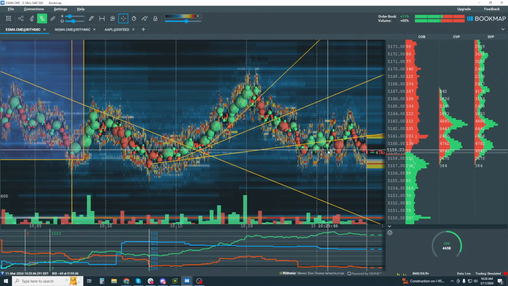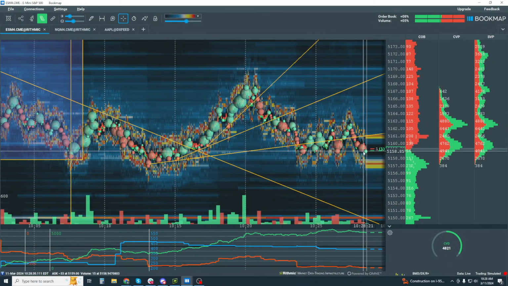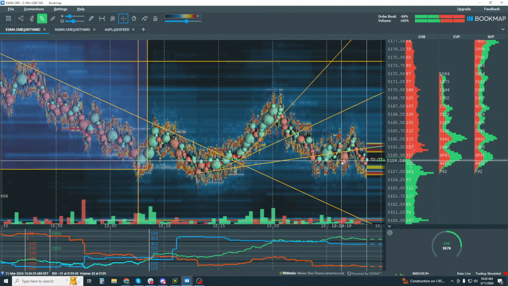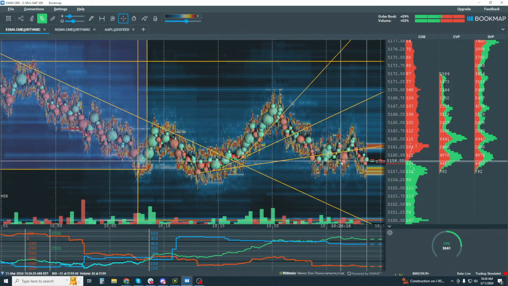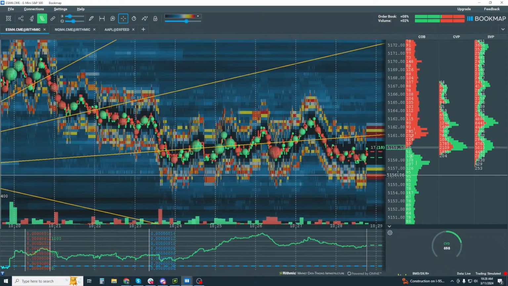Okay, well, look out, guys. Maybe these sellers are going to come in hard here. This trade idea is still in play, but it's looking pretty wobbly right now.